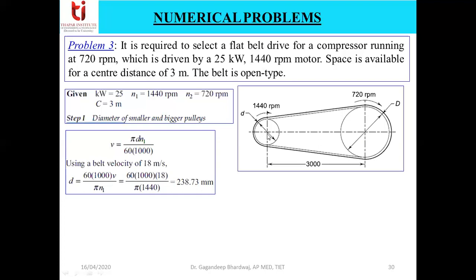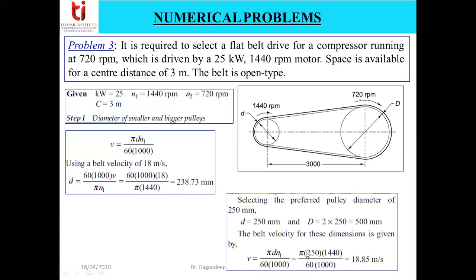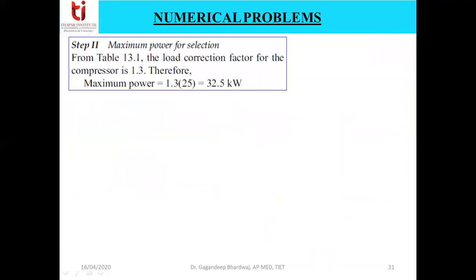Once you have calculated the diameter of the smaller pulley, then you can calculate the diameter of the larger pulley. This is the smaller pulley, this is the larger pulley. So the belt velocity for these dimensions is 18.85 meter per second. This is the corrected velocity.